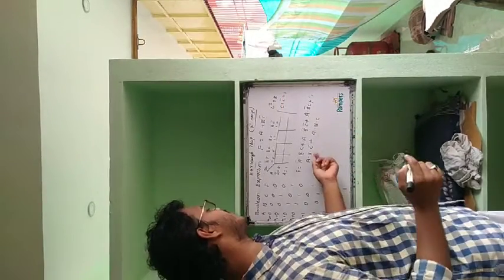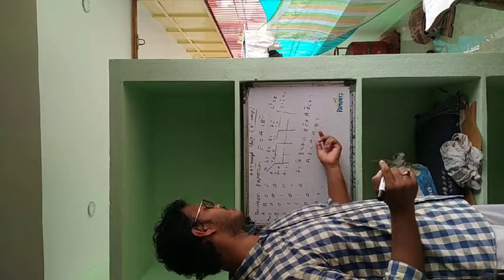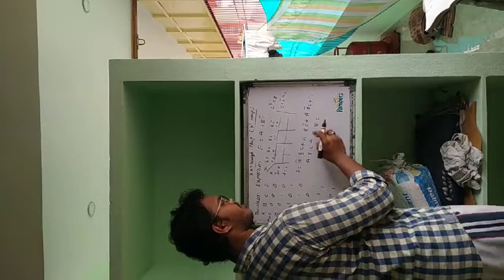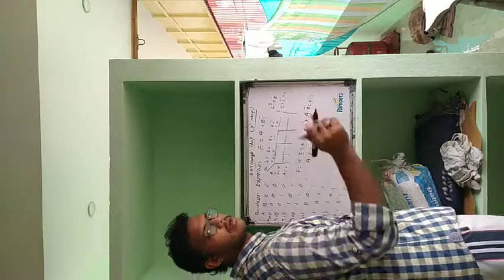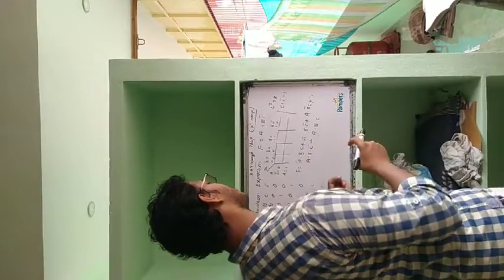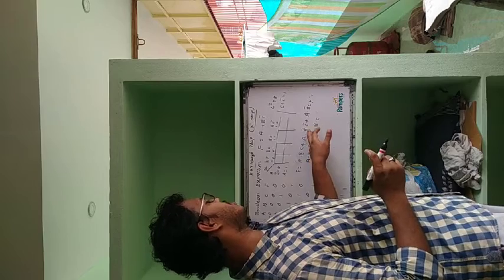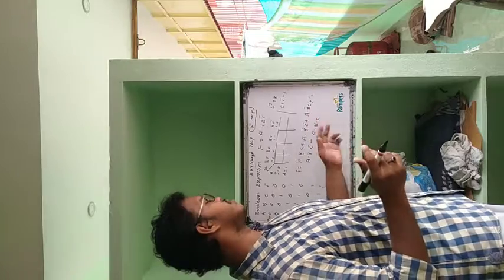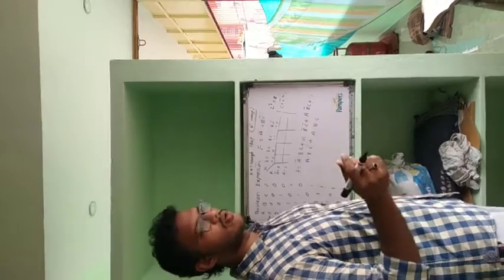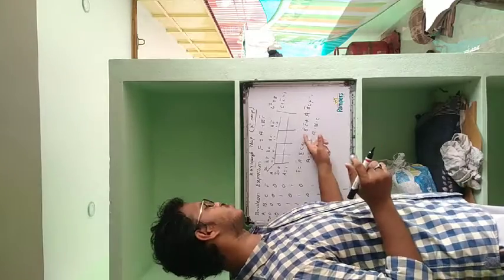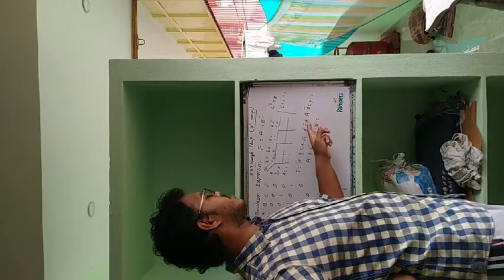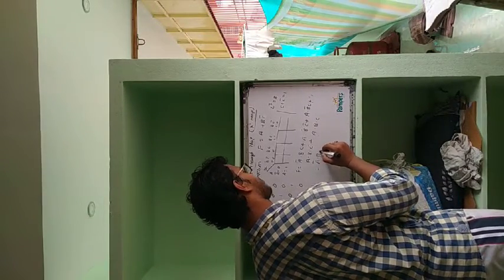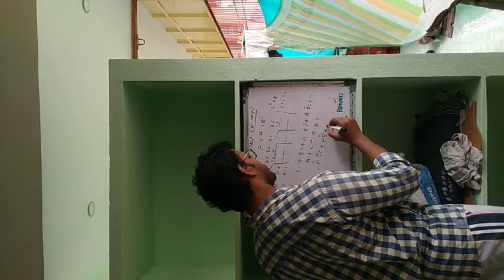If you take AB out, AB is common in these two terms, so C plus C bar becomes 1. Again, A B bar is common in these two terms. If you take A B bar out, what you get at the end is A bar B C plus A B bar plus A B.